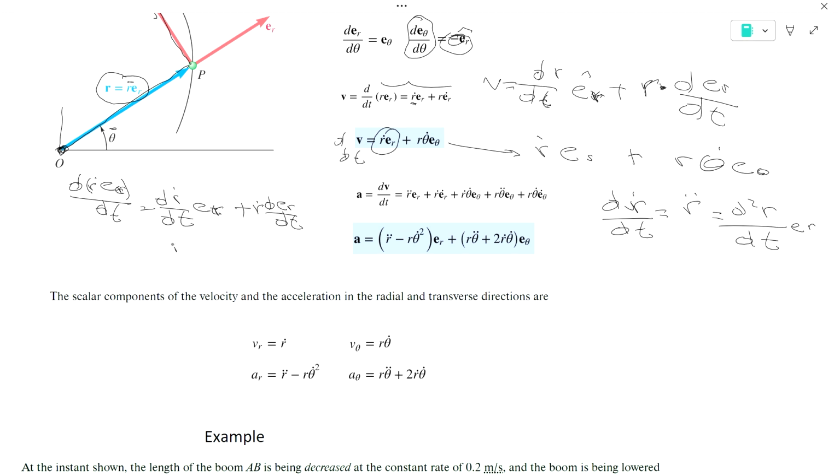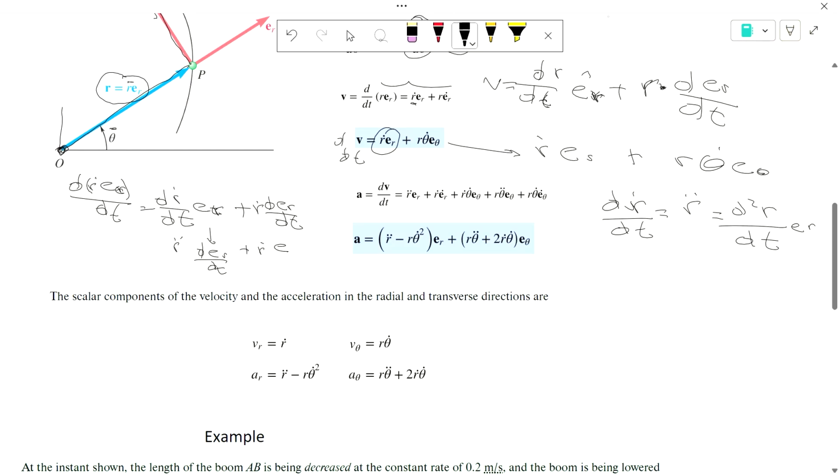Okay, so this guy is r double dot. This guy is the de_r/dt, e_r dot, plus this guy is basically the same thing, r dot. Sorry, I did something here that I need to redo because I did something wrong here. Let's do it again. Deriving it is not that easy, but using it is completely straightforward.